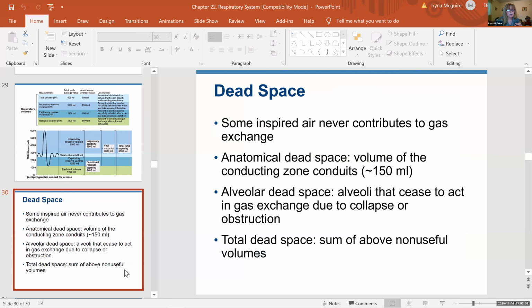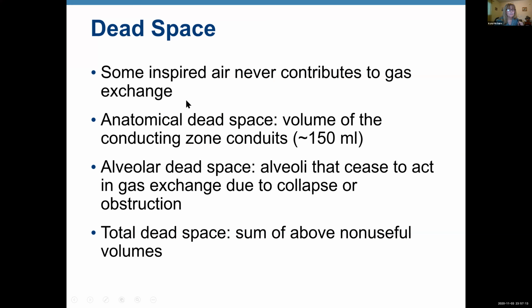Now, another term is dead space. Some inspired air never contributes to gas exchange. For example, you inhale some air, but you have air in your trachea, in your bronchi, in your bronchioles. This air, oxygen and carbon dioxide, is not moving.